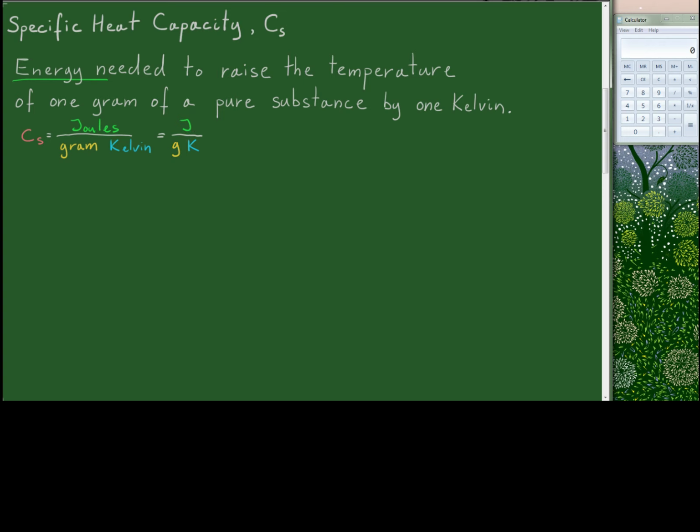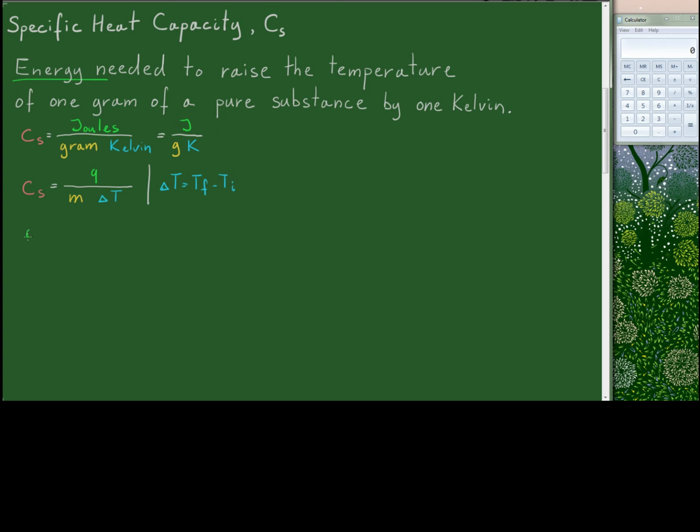We could also write a more general formula for this. So we could say Cs, the specific heat capacity, equals energy as heat, Q, over a mass in grams times a temperature difference, so delta T. Now please remember that delta T stands for temperature final minus temperature initial.